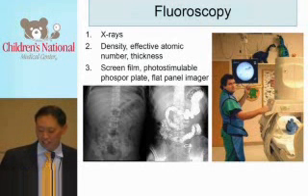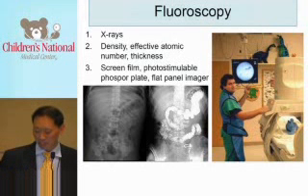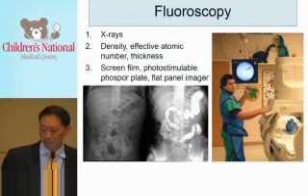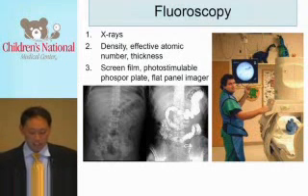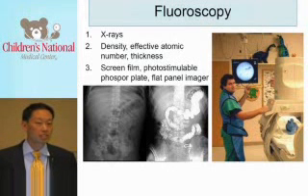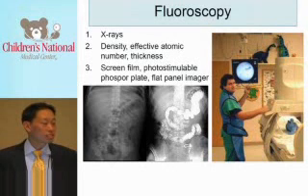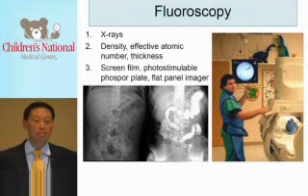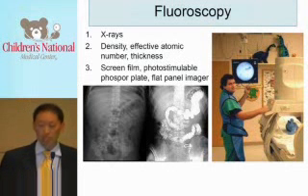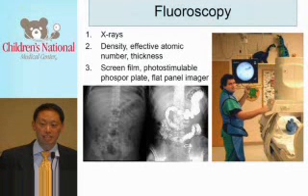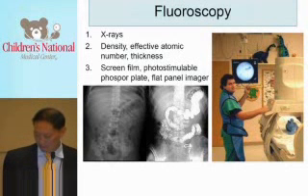Here, clad in his lead armor, using the image intensifier, X-rays are produced from below, pass through Barney in this case, and are picked up by the image intensifier, giving lovely dynamic images of the abdomen as it peristalses. And one of the miracles of fluoro, as most of us are familiar with, is that you can put in intraluminal contrast such as barium, allowing us to see the stomach and the proximal jejunal contents as they peristalse to and fro, detecting both normal and abnormal anatomy.